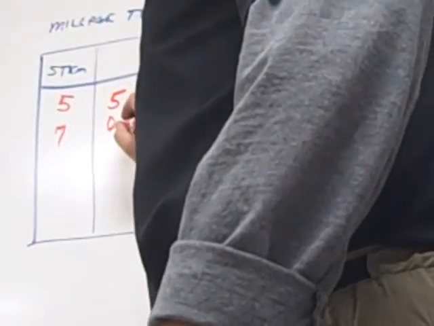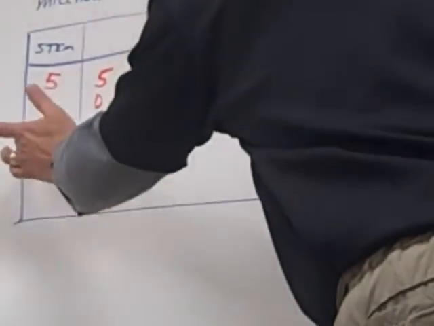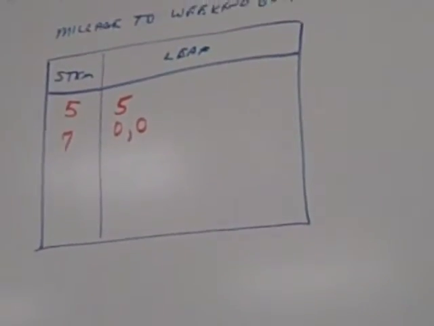All right? 7s. Okay, what's the littlest one? 70. Ooh, right there. We got 2 70s. Oh, 2 of them. So I'm going to put stem 7, leaf 0, comma 0, meaning 70, 70. There's 2 70s. All right?